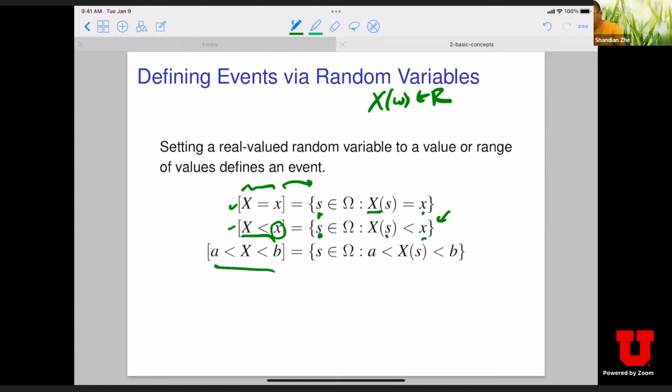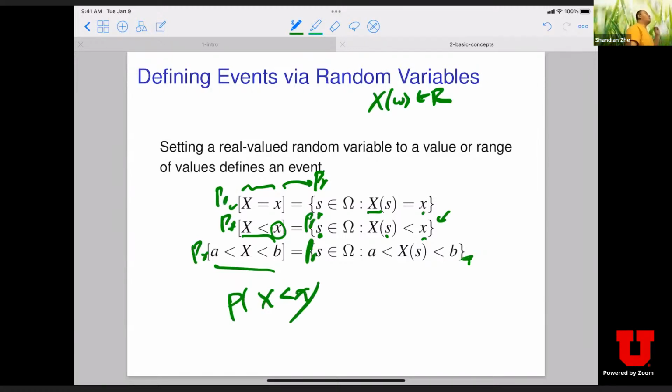Similarly, if it is between a and b, it corresponds to another set of samples in the sample space, which corresponds to an event. Then we can measure the probability over those events, which is actually the measure of those ranges. That's where we often ask, what is the probability that big X is less than x? Actually, there's some underlying operation.